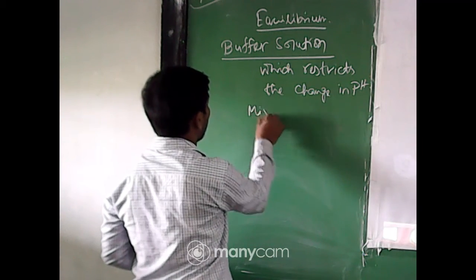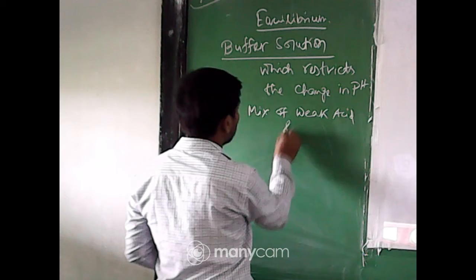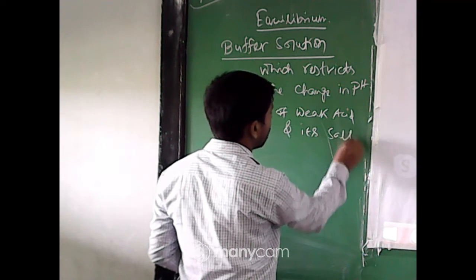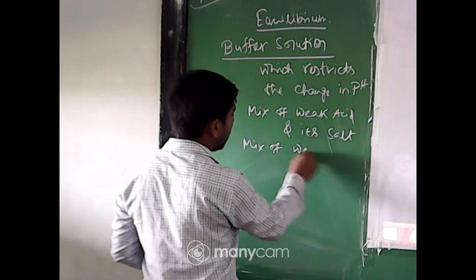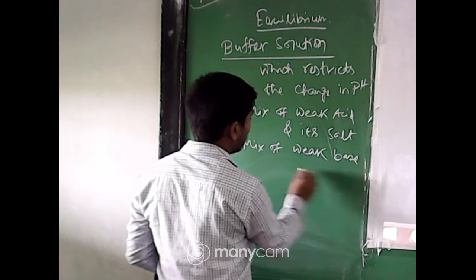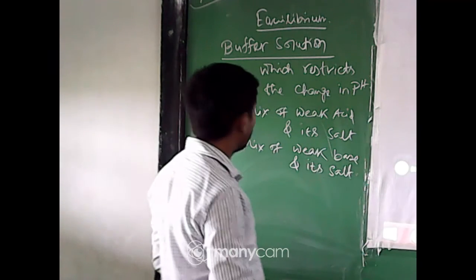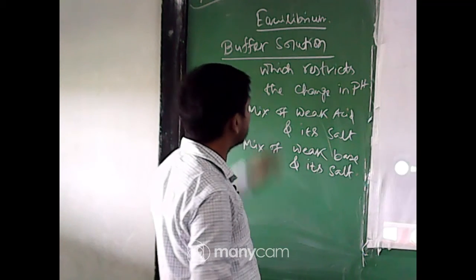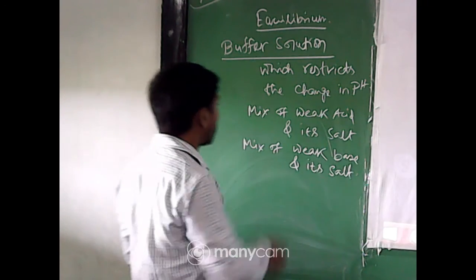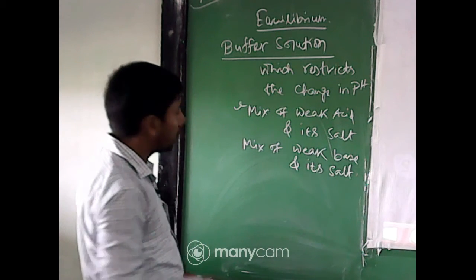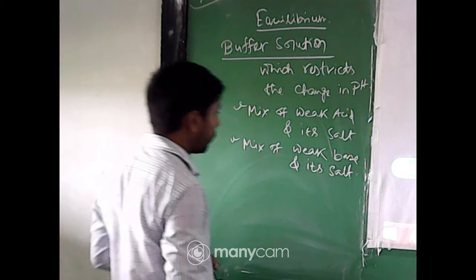It is a mixture of a weak acid and its salt, or a mixture of a weak base and its salt. So it restricts the change in pH to some extent. One is a mixture of weak acid and its salt, the second is a mixture of weak base and its salt. Right? Welcome Rohit.